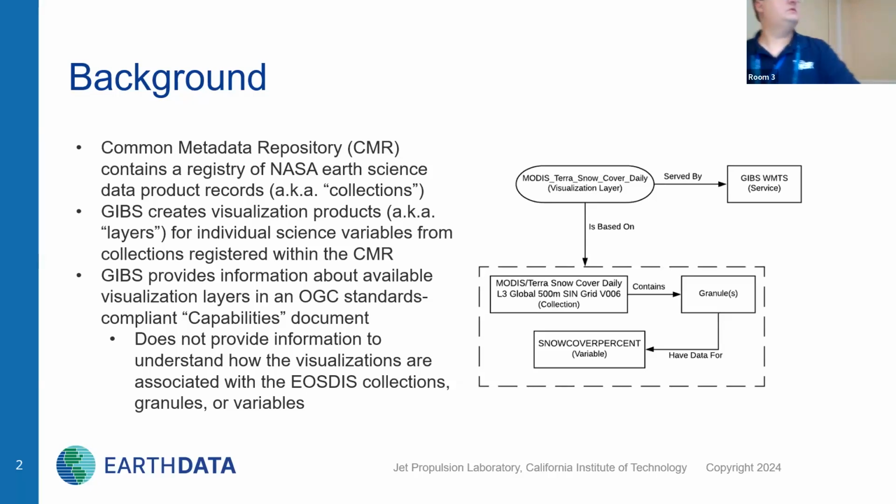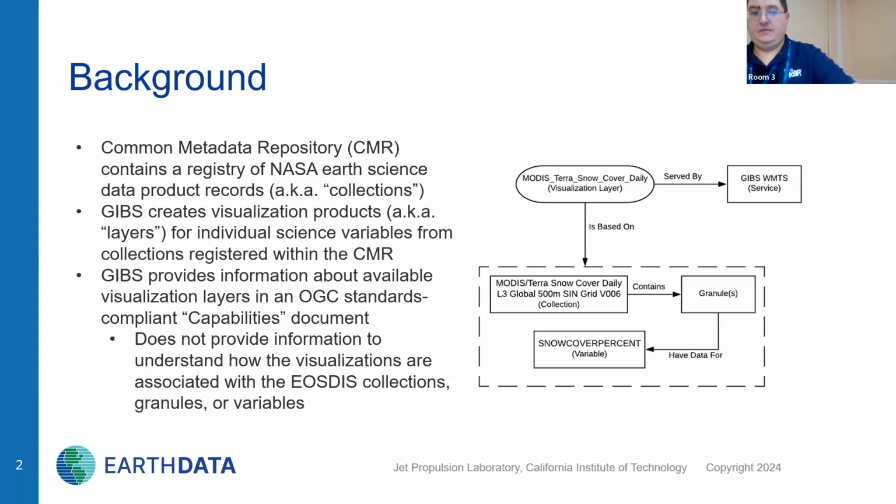To start off, I'd like to explain why we need this. We all know CMR is a registry for all of NASA's data collections. And we also know GIBS as a service creates a lot of visualization products from many NASA data.